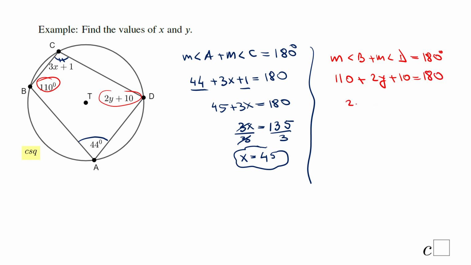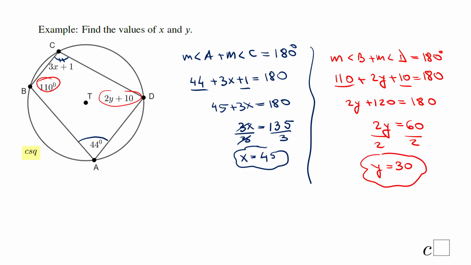And that will be 2y plus 120 equals 180, because we combine these two. Subtract 120 on each side, so we have 60. And the last step, divide by 2, and we have y equals 30.